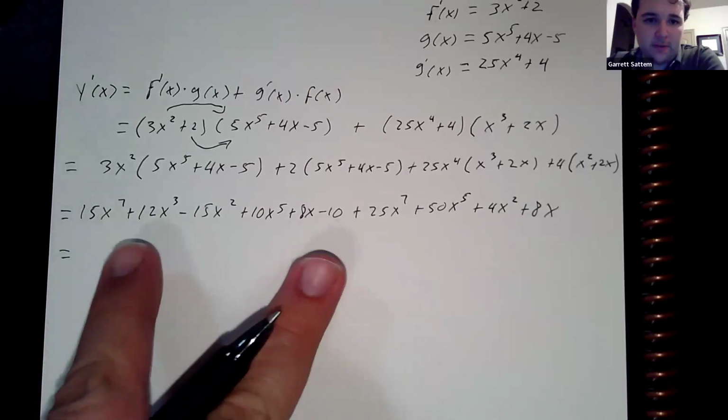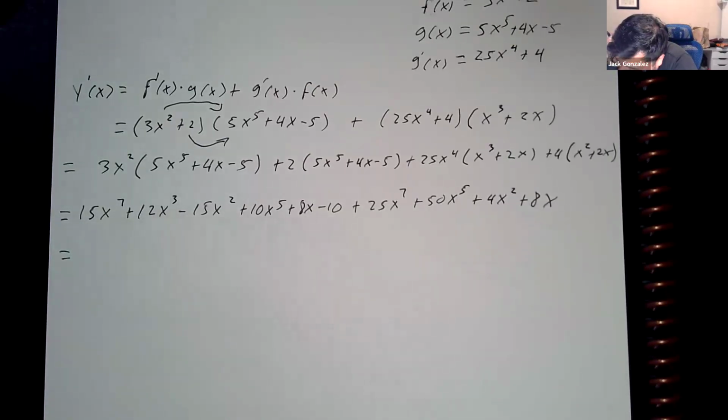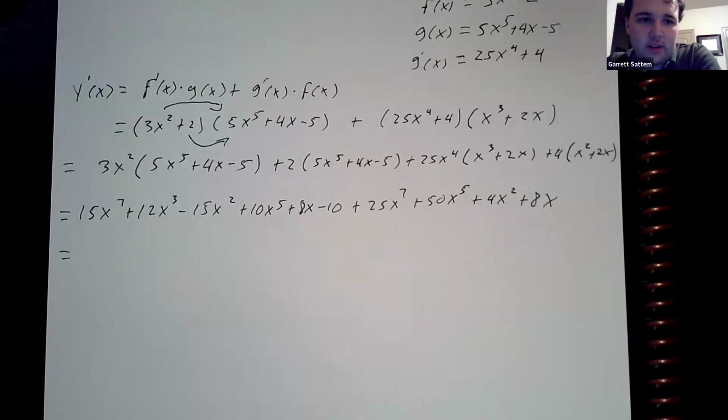Hold on, for the first one, I think you forgot to put the x after the 2. Which 2? Not the first line, the third equals sign as you're going across, before the 5x to the fifth, there's just a lone 2.